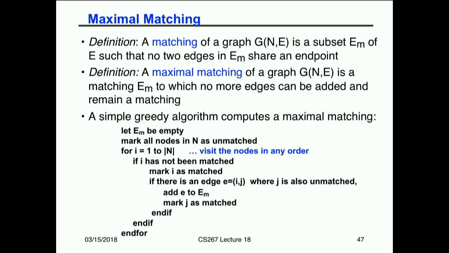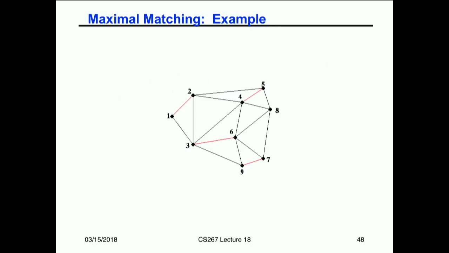So maximum is expensive, although polynomial. Maximal is almost always linear time, pretty easy. Getting stuck in local optima is pretty easy. Greedy algorithms exist, lots of other names exist. A simple greedy algorithm works just fine, and we'll do that.